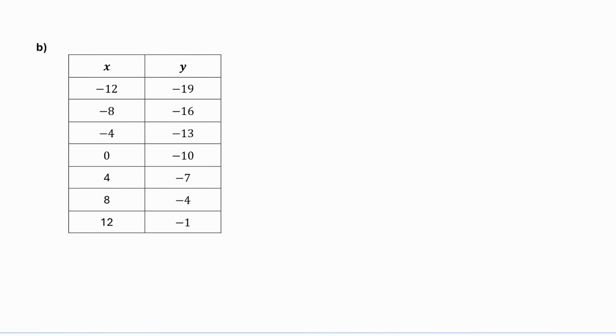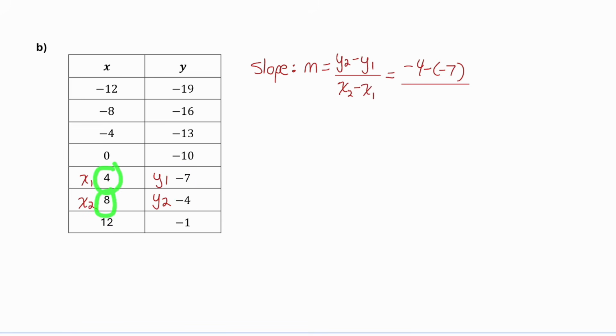Same thing, start by picking 2 points. To find my slope, which we represent with m, I'll do y2 minus y1 over x2 minus x1, which would be -4 minus -7 over 8 minus 4. That gives me 3 over 4. And then my y-intercept, b, is equal to the y value when x is 0.